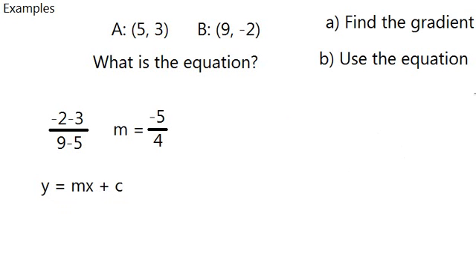Okay, so with that equation, what next? We have the gradient, so we can substitute that m into it. So we get y equals -5 over 4 x plus c. And now we know 2 points already, 5, 3 and 9, -2, and they fit onto this equation.